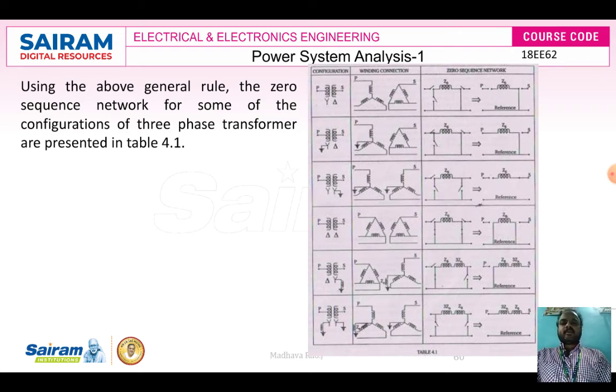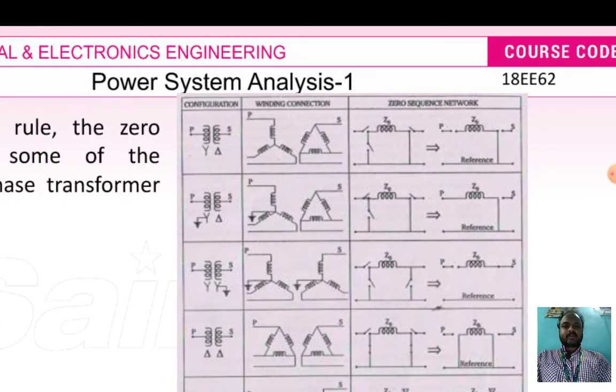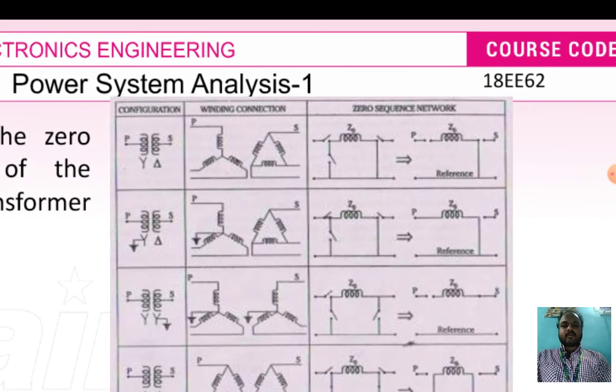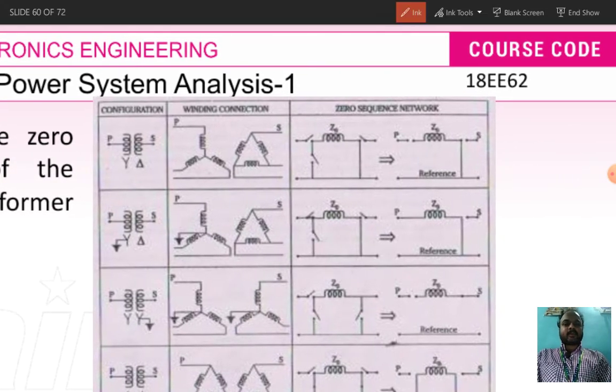So here we have some of the configurations of transformers. The first configuration is the star delta transformer. The first one is star and the second one is delta.